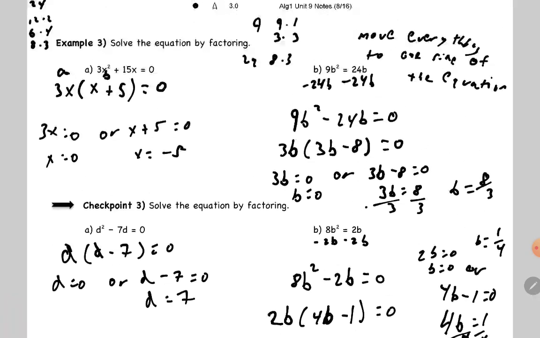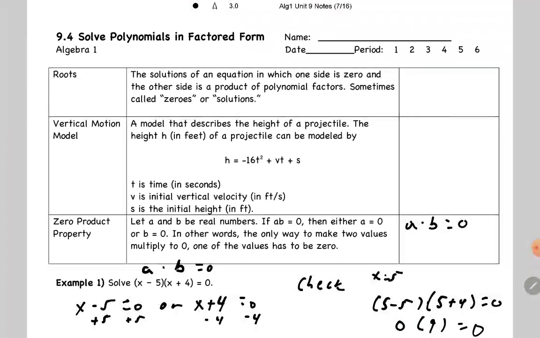Alright, so word problems. So basically, you'll learn this in physics. But let's say we shoot some sort of projectile or throw a ball, for example. They usually follow this sort of arc.